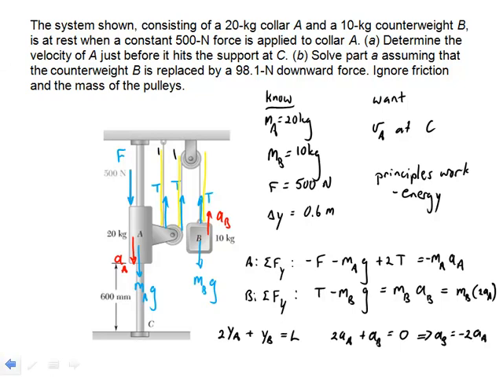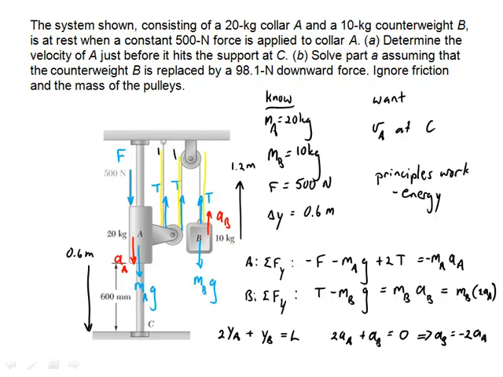So what's important here is that the movement of B is twice the movement of A. And what that means to us is that when A goes down 0.6 meters, B is going to go up 1.2 meters. So let's begin to look now at the energy and the work that the forces are going to apply for both of these combined masses.